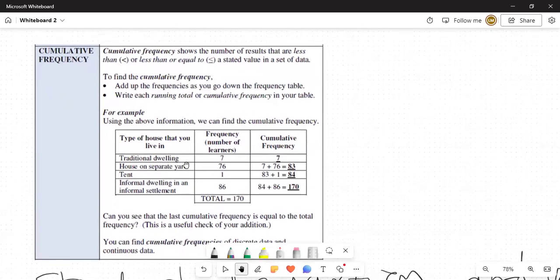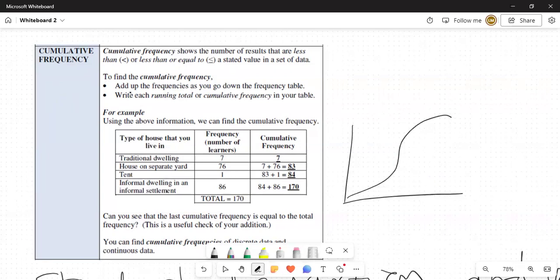So for the cumulative, it's just adding up the frequencies. Here the first frequency is 7, the next one will be 7 plus 76, the next one will be 83, and so on until the last one. So we can plot this graph over here. Right. Okay.